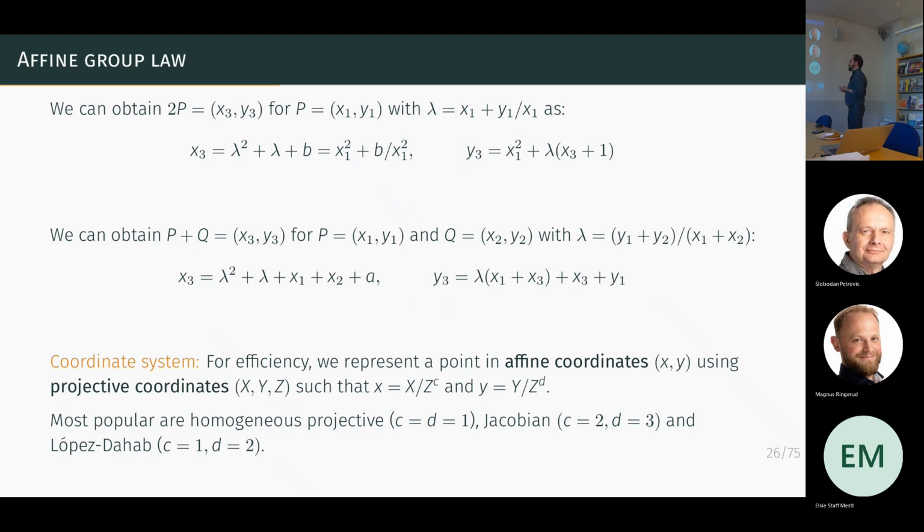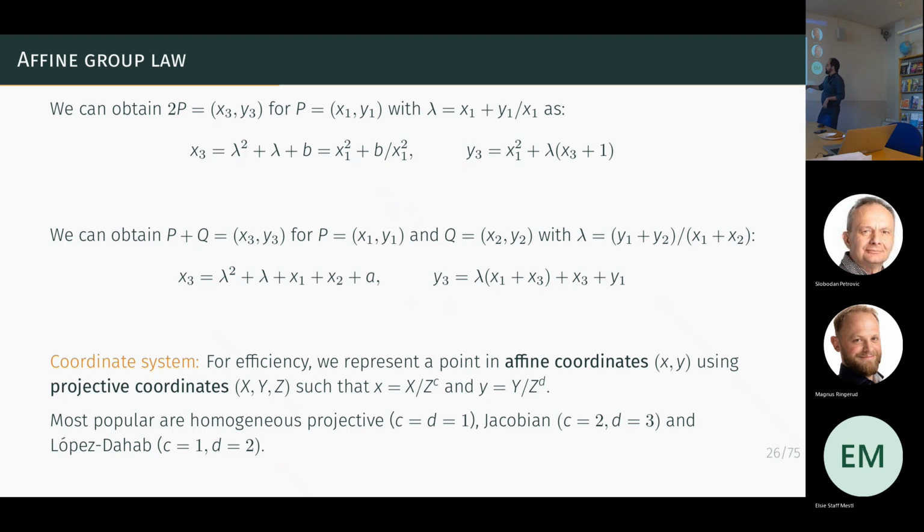In practice, what we do is we represent points instead in projective coordinates, x, y, and z, such that there is some weighting of the z coordinates for x and y. This is also nice because now the point at infinity can be better represented. We make it the equivalence class in which z is 0. Then you can have some arithmetic intuition for the point at infinity instead of just this geometric source.